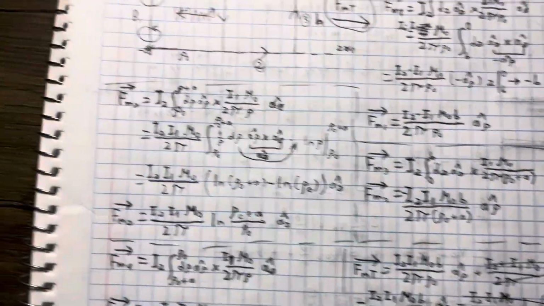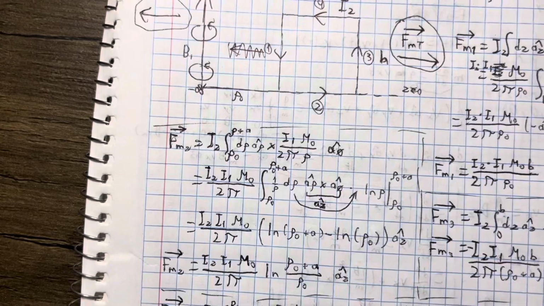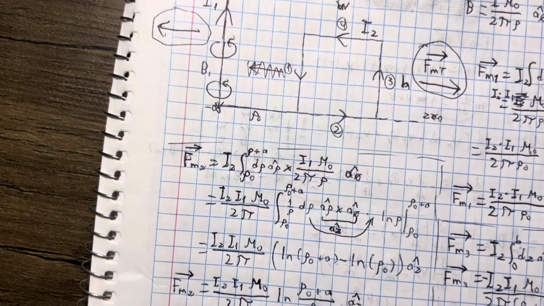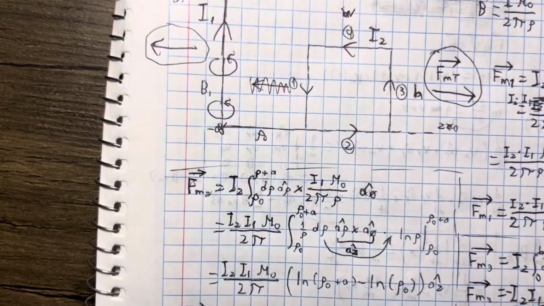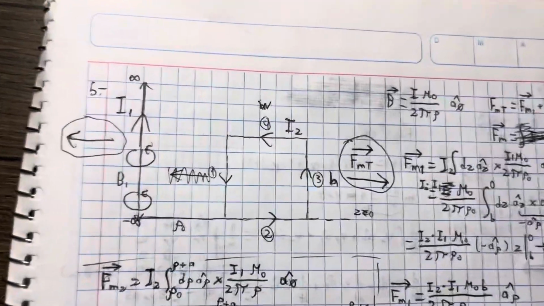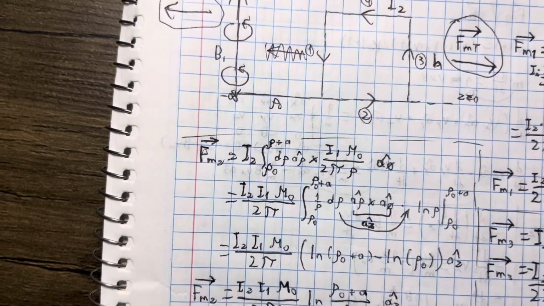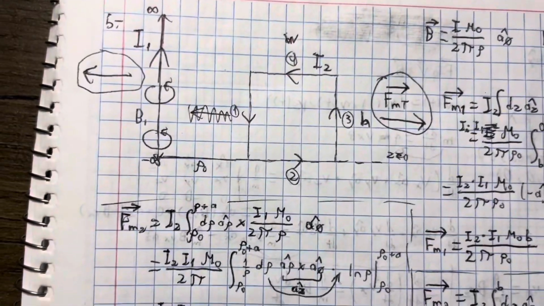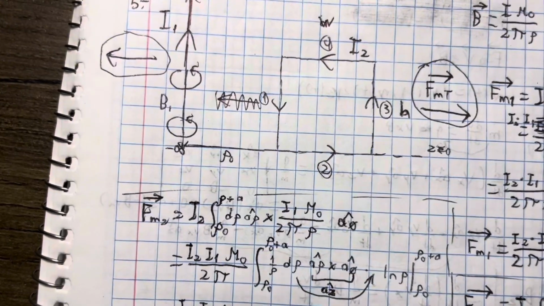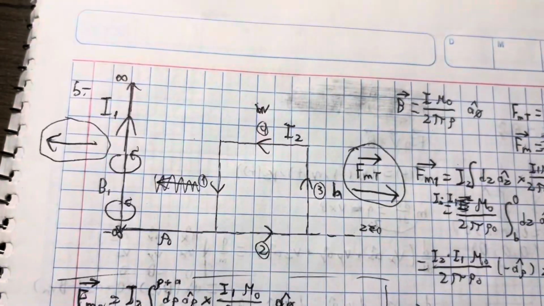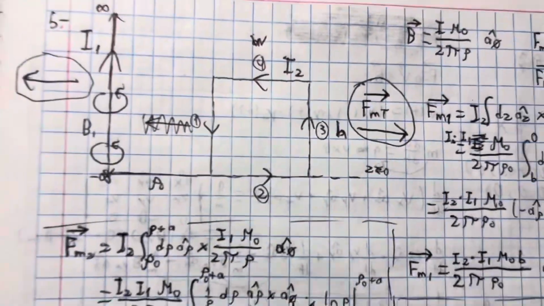Then for force number 2, we have to do the same, but in the integral limits, we have to consider the width of the rectangle. If we look at segment 2, it goes from rho to rho plus the width of the rectangle.